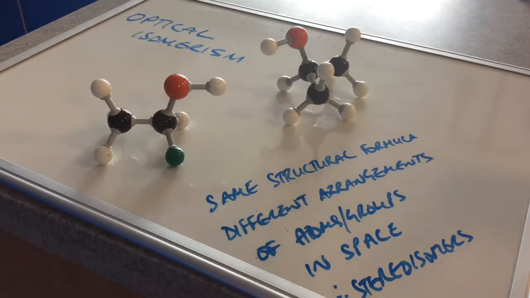So 4 different groups. On the equivalent carbon on propan-2-ol, we've got an OH, an H, so 2 groups different so far, but we've got 2 CH3 groups. We've got 2 identical groups, so this has only got 3 different groups attached to this carbon, and this one's got 4. When you have 4 different groups attached to the same carbon, it shows optical isomerism.